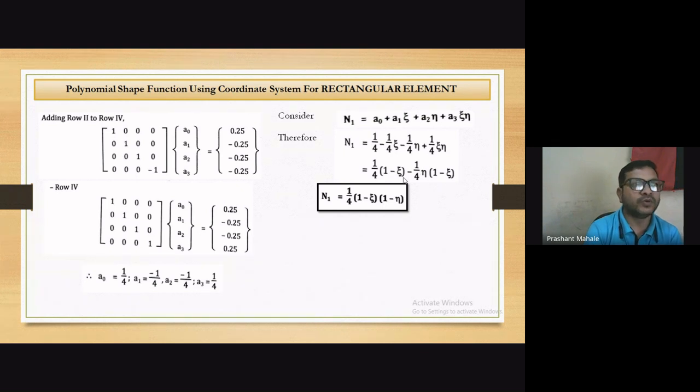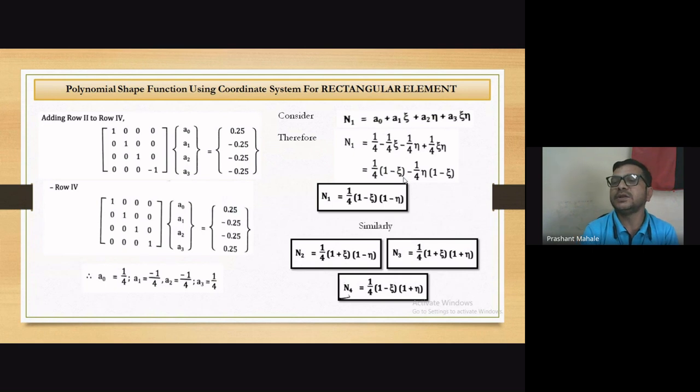We solved that problem for the two node case only. But now here we have the shape function for a rectangular element, four nodes. Now only one shape function is received, right? And we have four shape functions. So you can use the same concepts for N2, N3, N4, and receive the values of N2, N3 and N4 also with the help of the same methodology.